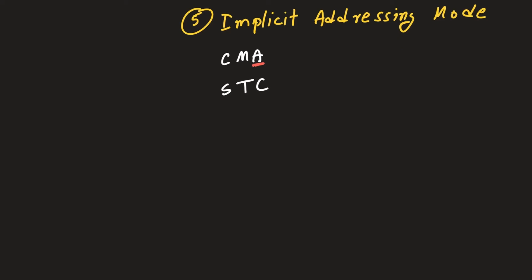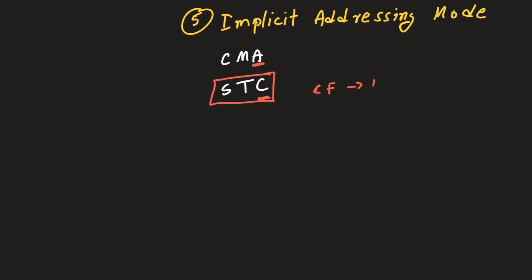Similarly, the next instruction STC deals with the carry flag. STC means set the carry. Whenever this instruction is executed, the carry flag is set to 1. So in the instruction itself, the data is mentioned.